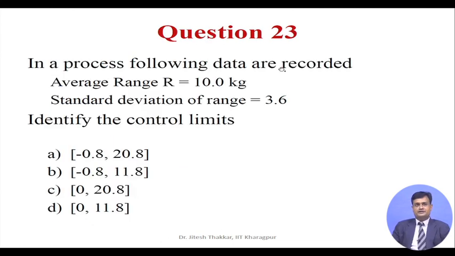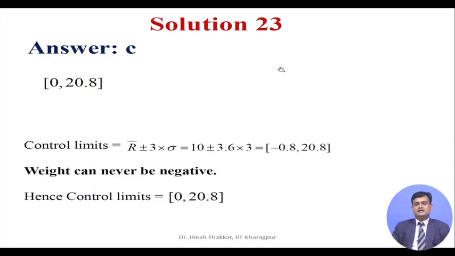Question number 23. In a process, following data are recorded. Average range R bar is equal to 10 kg. Standard deviation of range is equal to 3.6. Identify the control limits. You have various options A, B, C and D on the screen, and the correct answer is C, 0, 20.8.